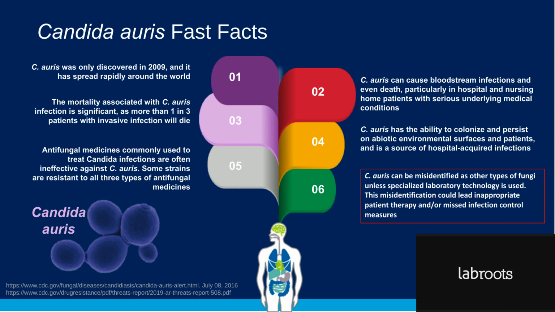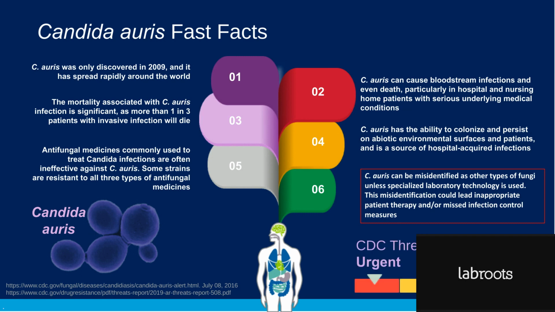Of course, missed identification or wrong identification can equally lead to inappropriate therapy and also to further spread. You can see with all of these really grave matters why the CDC classified this threat as urgent.